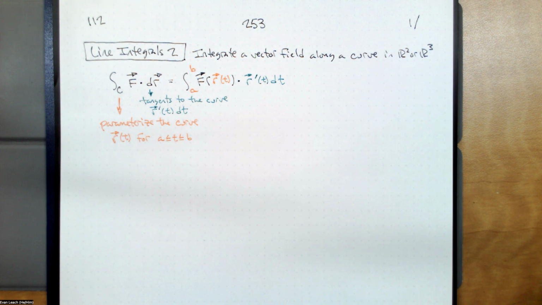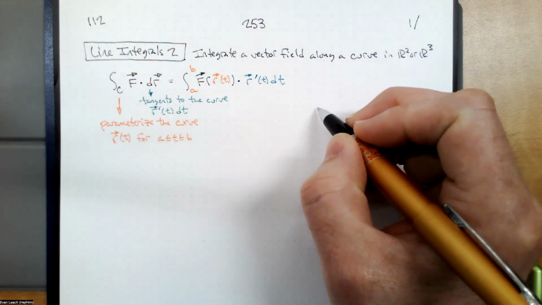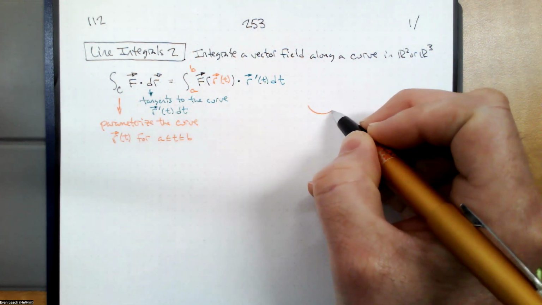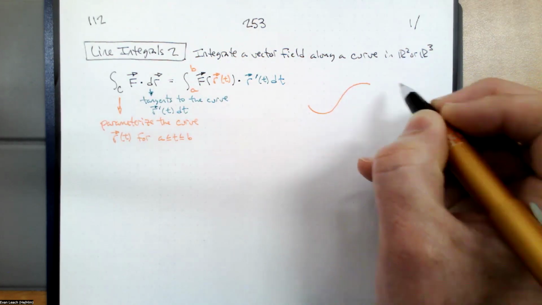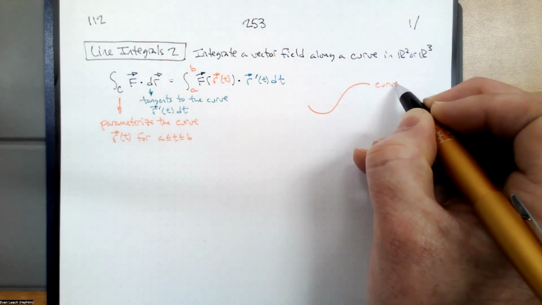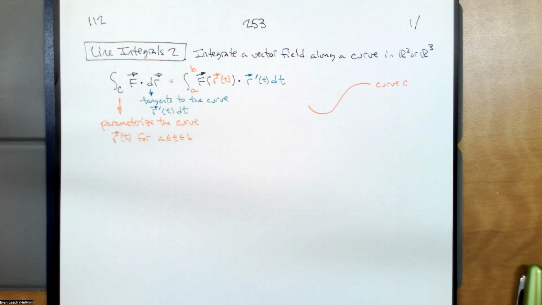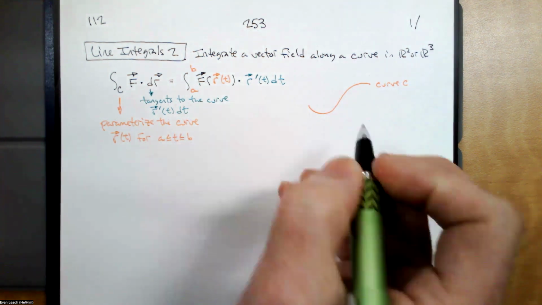So if we have the curve, instead of imagining the curve as this continuous flowy line, we're just imagining this as a bunch of tangent vectors. At each point, we just take a note of which way the curve is going.